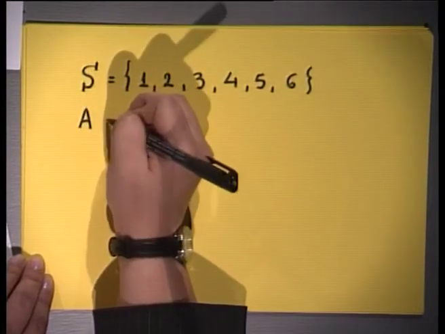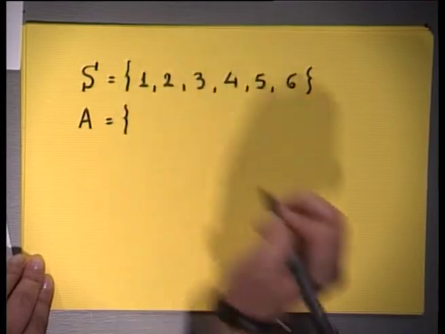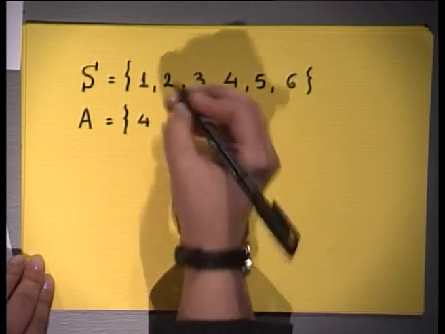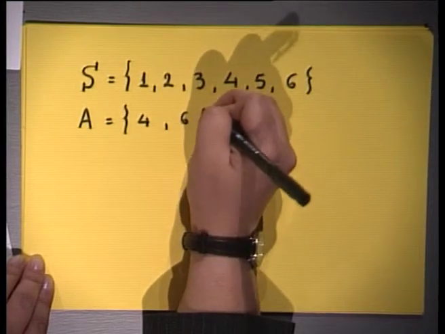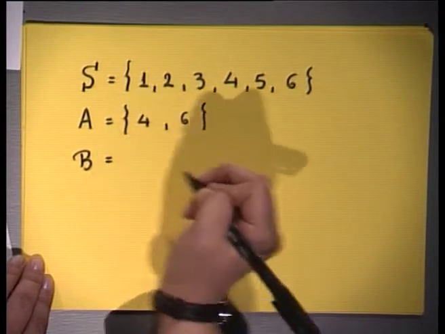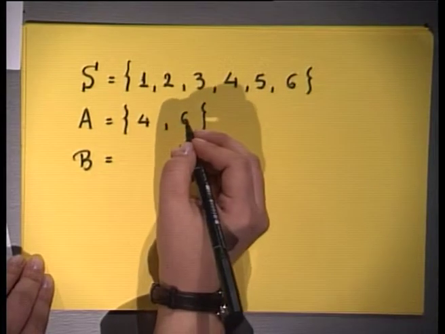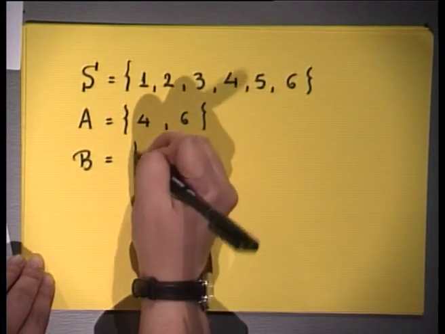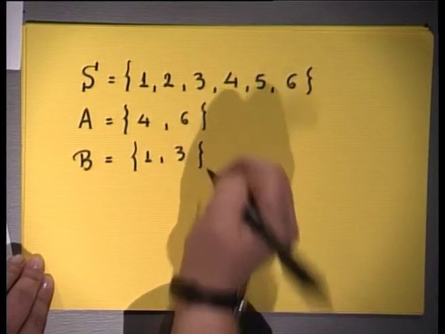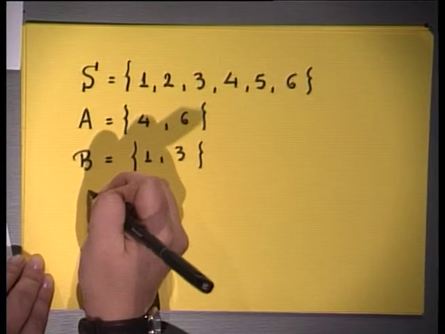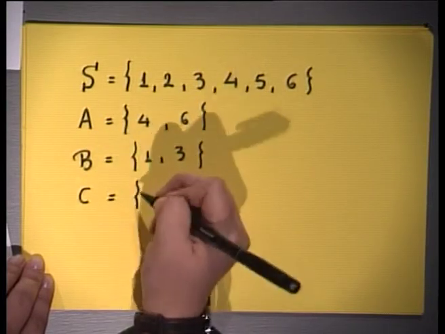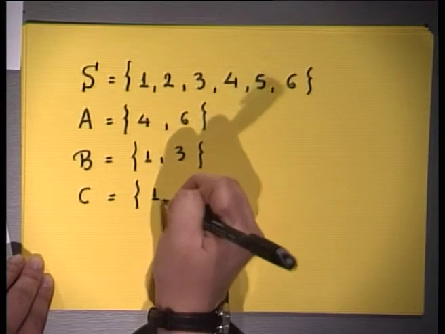We have event A, which consists of elements 4 and 6. Event B consists of elements 1 and 3. And event C of elements 1 and 5.